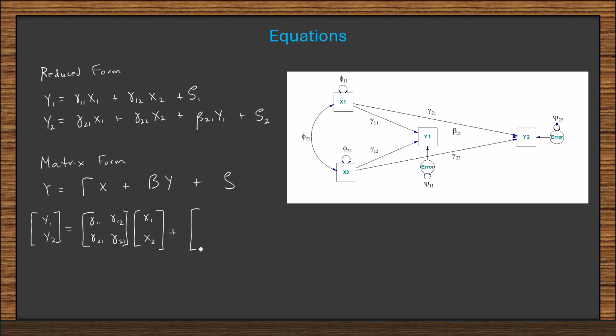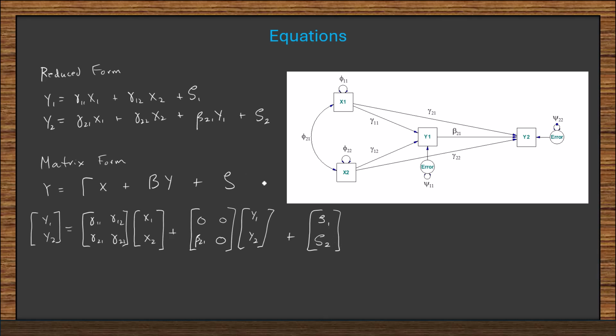And then we'll have the B matrix. Remember, the diagonals are 0. We have a beta 2,1 and a 0 up here. And we're going to multiply that by a Y matrix, indicate which endogenous variables are predicting which other endogenous variables. We have a y1 and a y2. And then finally, we have a matrix that contains the zetas or the errors, zeta 1 and zeta 2.